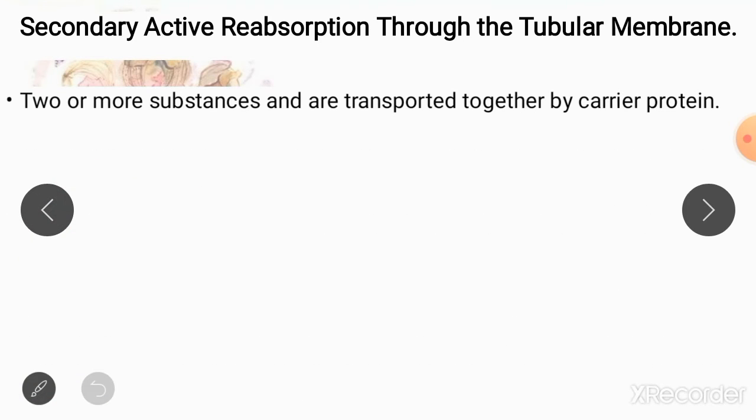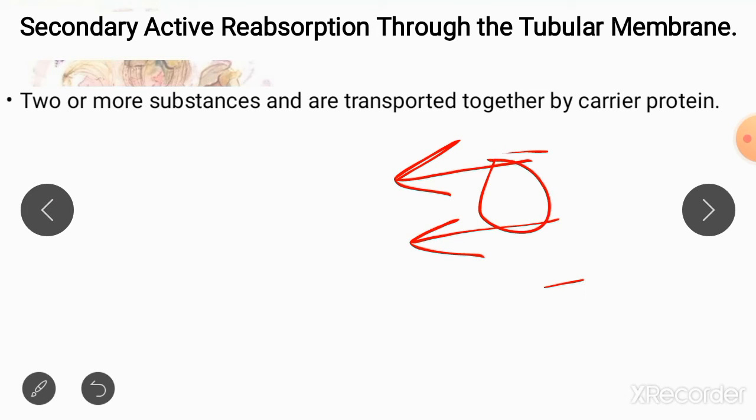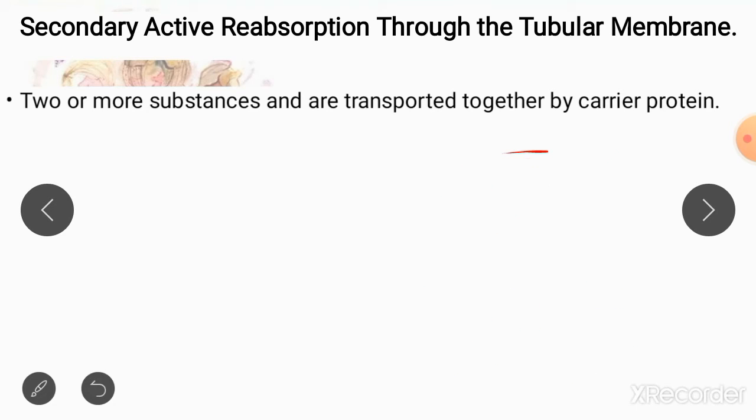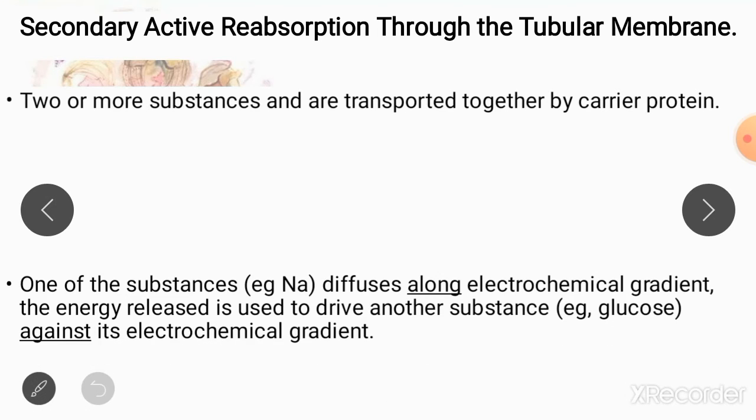So two or more substances are transported together with the help of a carrier protein, and these substances can both travel in one direction or they can be traveling in an opposite direction. When the direction is the same, this is known as co-transport or symport, and when the direction is opposite, this is known as counter transport or antiport. So we will see an example of both of these in the next slides.